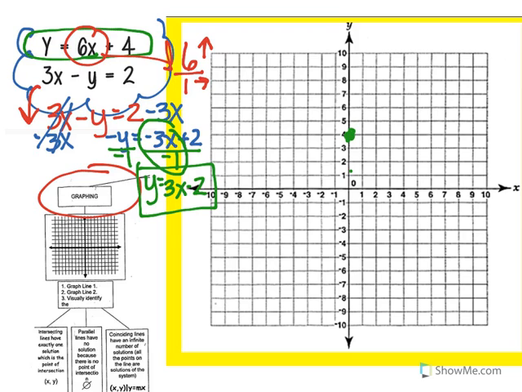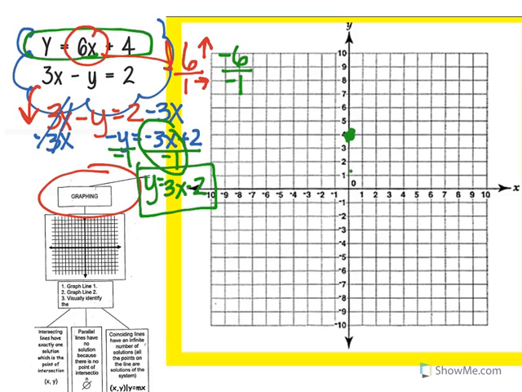If I don't have enough points to make my lines intersect, then I know that I'm also going to have to use negative 6 over negative 1, because 6 over 1 is 6, and negative 6 over negative 1 is also 6.